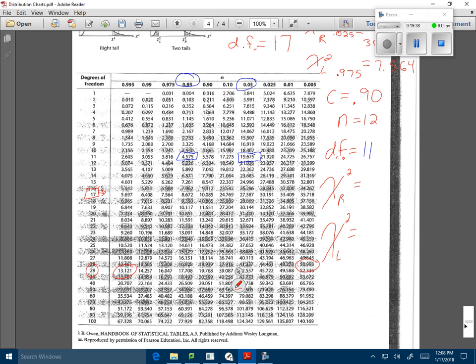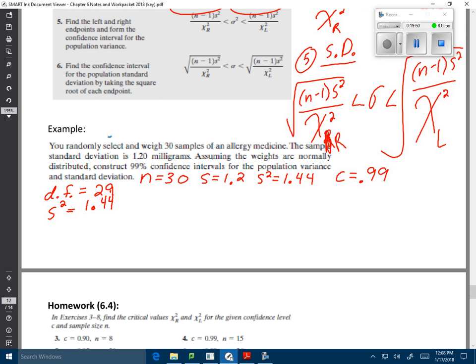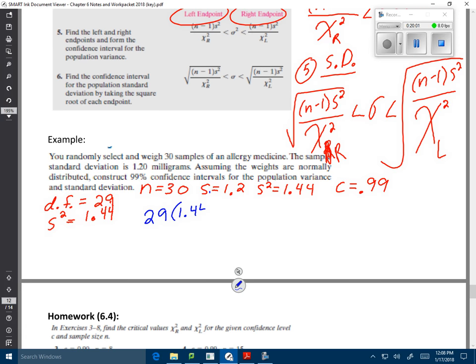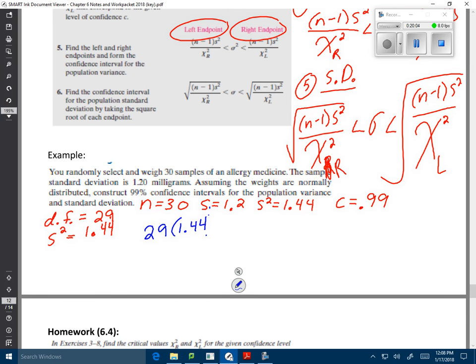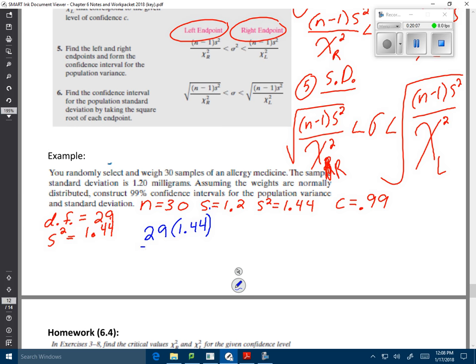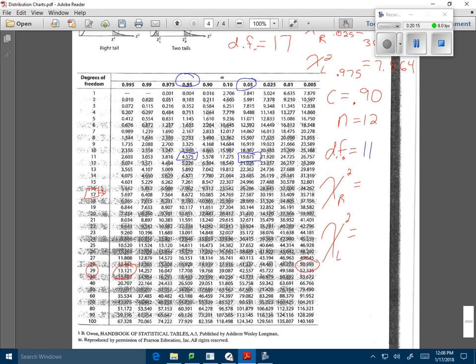Now that I have my critical values from my chart, let's go back to this problem. Degrees of freedom, 29. S squared is 1.44, divided by 50.993. Now this is finding the variance.